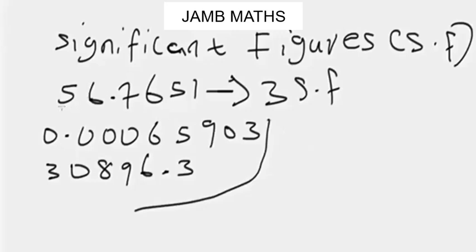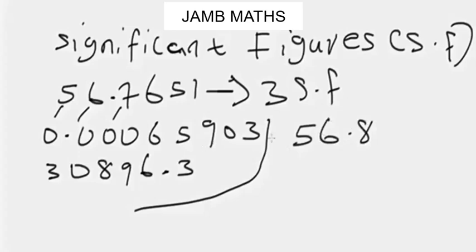So this is a significant figure, this is a significant figure, and this is also a significant figure. The 6 after 7 is up to 5, so you approximate it as 1 and add it to this 7, and it will now be 8. So 56.7651 to 3 significant figures will be 56.8. So that's the idea.